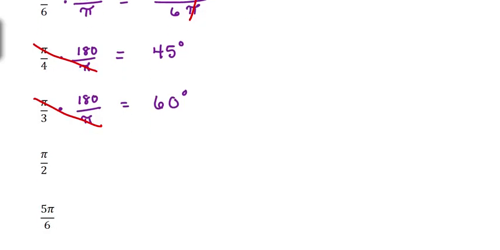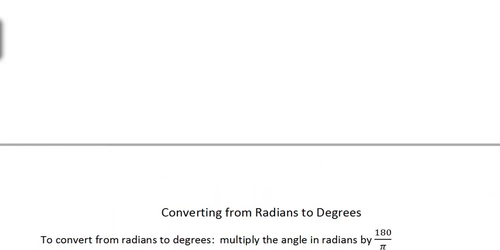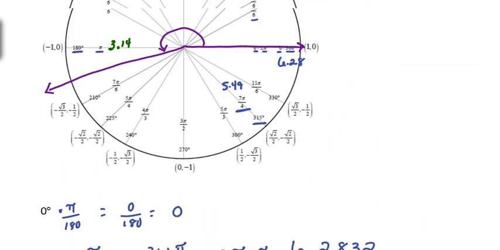Let's look at pi over 2. It's in radians. I want to convert it to degrees. It's so nice and convenient that the pi's cancel. 180 divided by 2 is 90 degrees. Now let's go back up and look at our circle here.